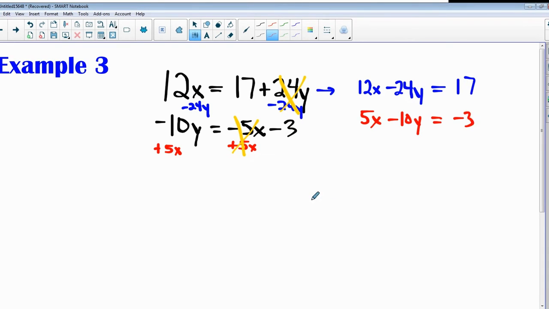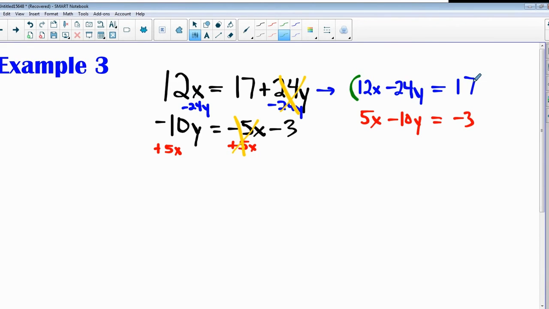Okay, awesome. Now, so we got them in the right order, but we still are going to have to multiply, I think, both equations again in this one. So we could pick on either the x's or the y's. Let's just do the x's since they're a little smaller numbers, I guess.